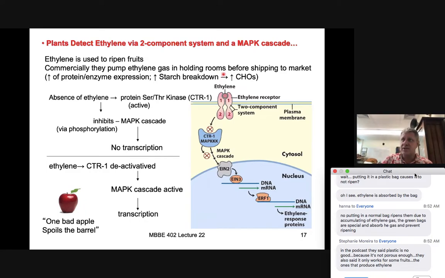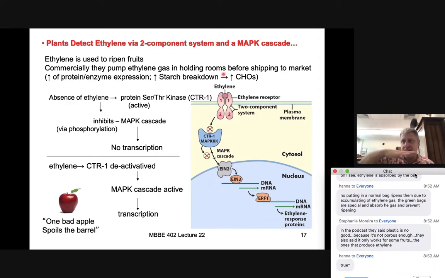So in some cases, you might see localized ripening, and you can do this with your avocados. If you take an avocado, which is not ripe, and put it in a half container of rice, so half of it is sticking out and half of it is under the rice, the rice is basically acting as a barrier, so the small amount of ethylene gas that is being produced is being contained.